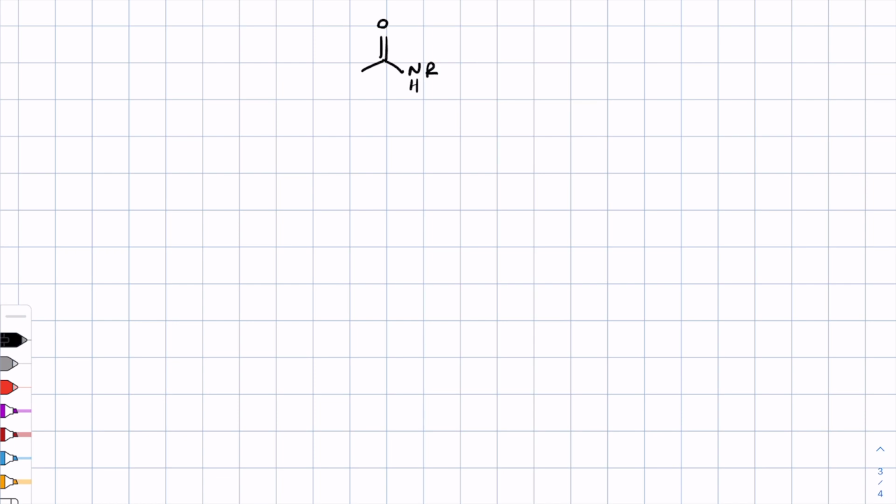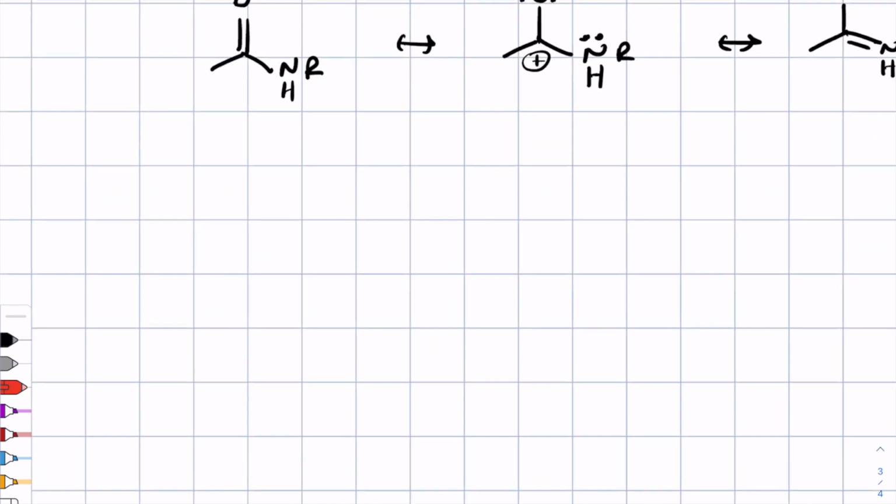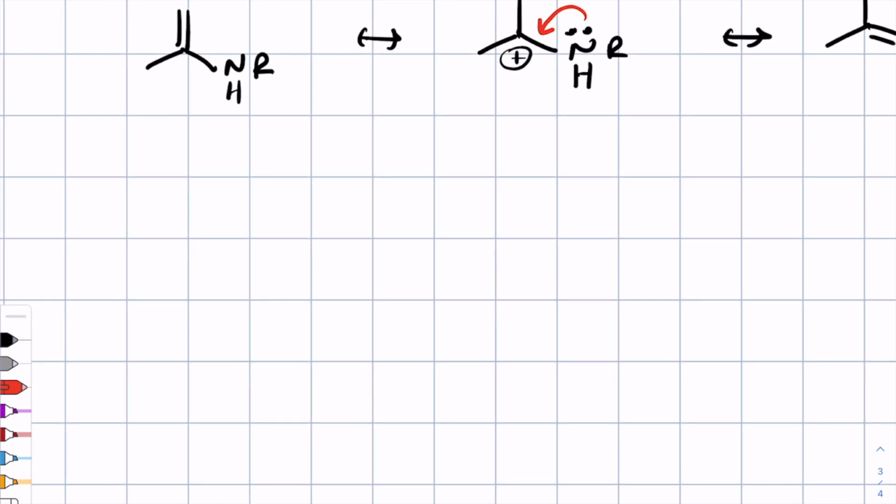We've said before that the reactivity of carbonyls really has to do with the fact that the carbonyl carbon is electron poor, and you can draw a resonance structure with a positive charge on the carbonyl carbon. But when it comes to the amide, you've got this neighboring heteroatom with lone pairs on it that can donate electron density into the carbonyl carbon via resonance. And nitrogen is a good electron donor.